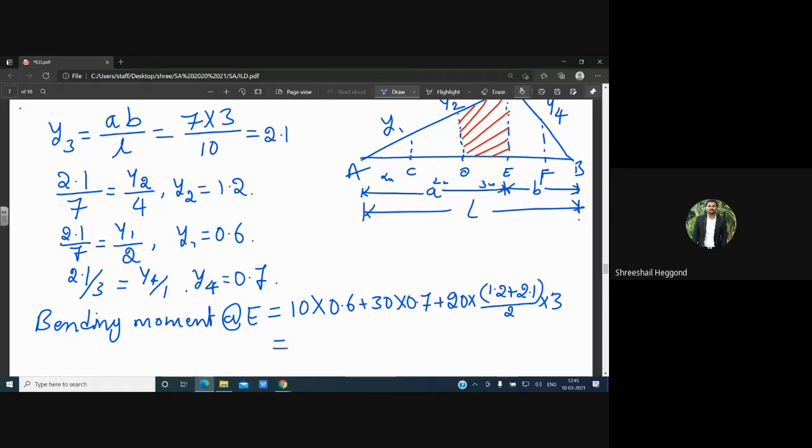Therefore, the value is 126 kilonewton meter, which will be the bending moment.